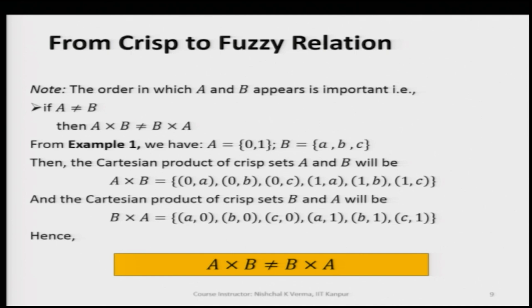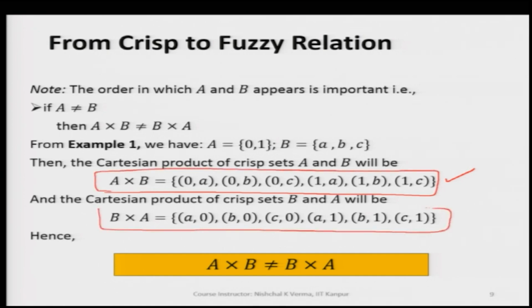So, we have already seen that A cross B was coming out like this, and B cross A is coming out like this, and that is how, with an example, we can see that A cross B is not equal to B cross A, and it is because of the order in which the pair is made.